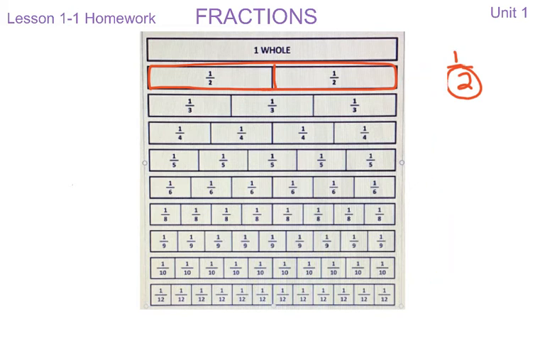If we go down to, for example, fifths, 1/5, we can see that this fraction bar here is broken up into 5 equal parts. 1, 2, 3, 4, and 5, and the denominator is 5. So the denominator tells us how many parts the fraction bar is broken into.